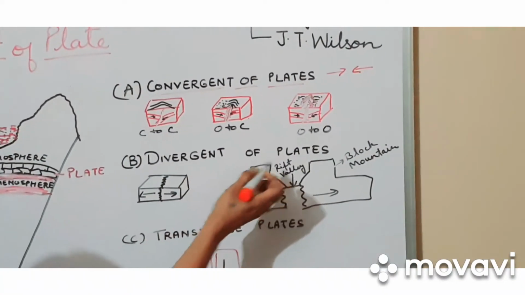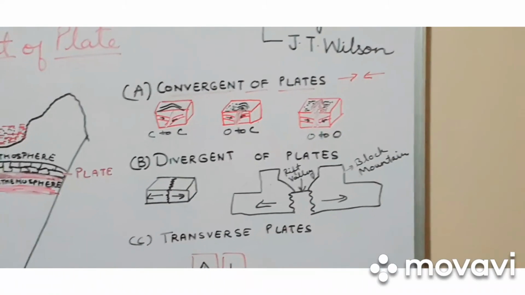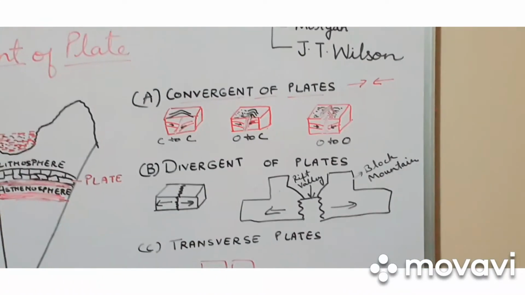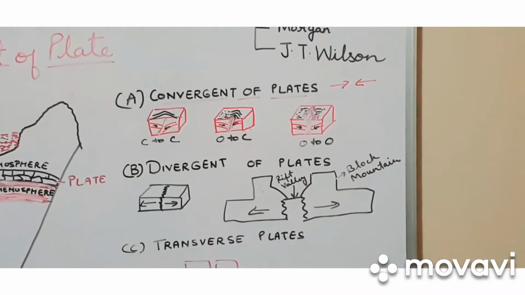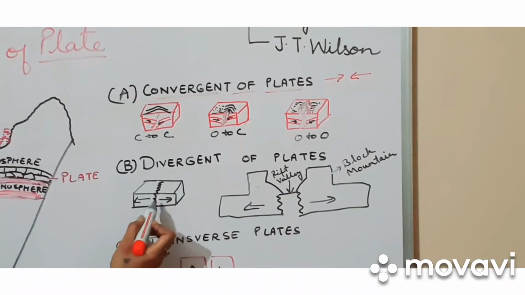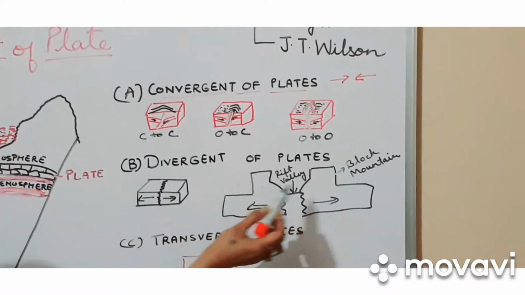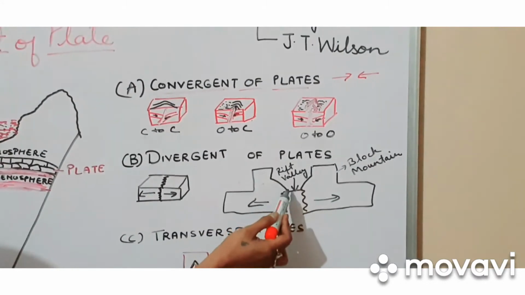Now, divergence of plates. When plates move in opposite directions, faults occur. In this condition, block mountains and rift valleys form.